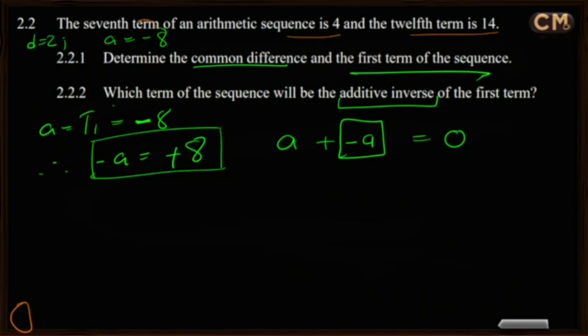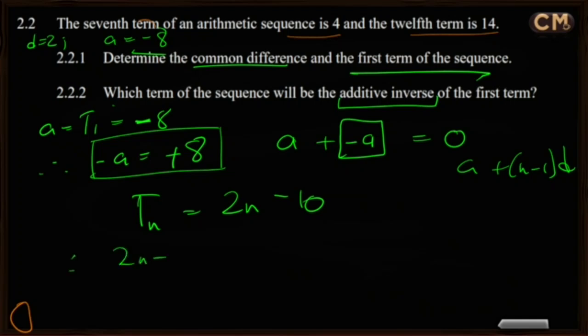So the term we're looking for needs to equal positive 8. First things first, let's construct our general term. Using our formula sheet, we have a plus n minus 1 times d. Or we can just realize that we're dealing with something that's like 2n. What's our first term? Minus 8, and we have to subtract 10 to get over there. Therefore, 2n minus 10 is to equal what value? 8.